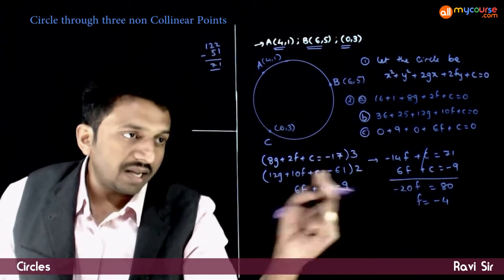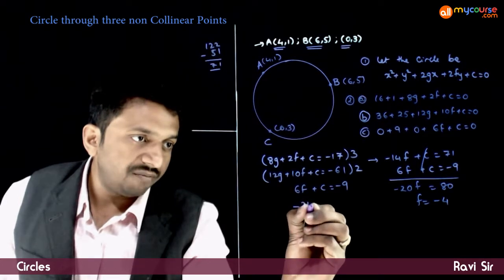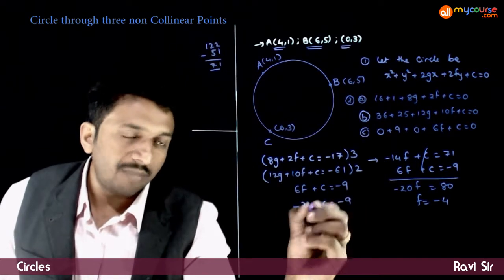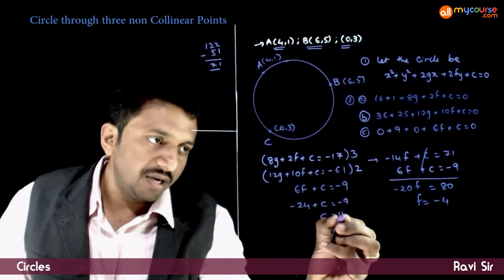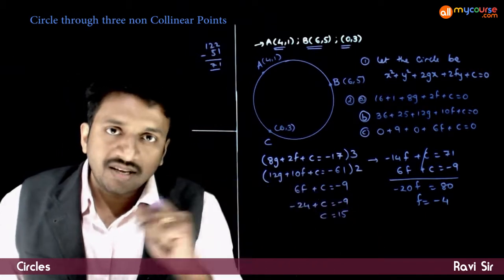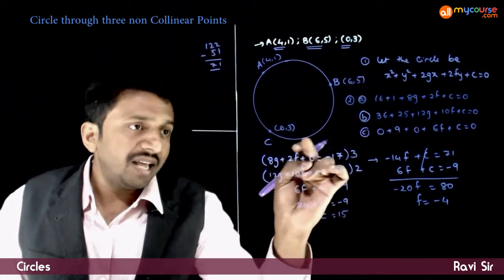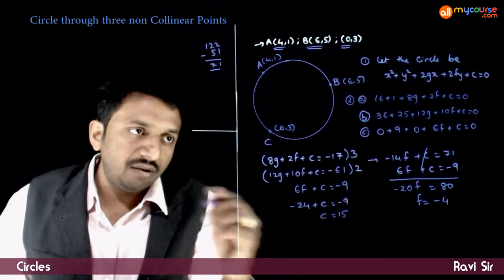So once you get f, if you substitute it here, minus 24 plus c is equal to minus 9. So c is equal to 15, that is 24 minus 9, 15. So once you have f and c, you can substitute in any one of the equations to get the value of g.